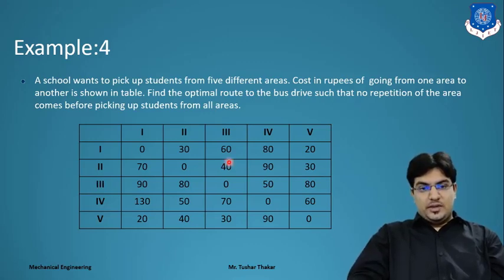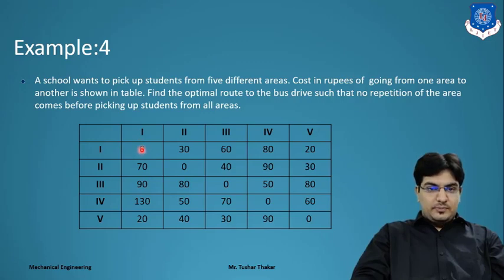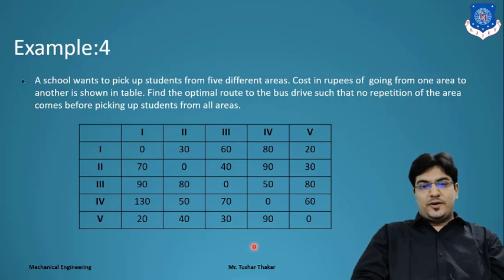We don't repeat our location. We start from point 1, so going from point 1 to 1 is not possible, so we have to put 0 there. Means we start from 1, so it's not possible to return at the same point. So we put 0 at 110, 220, 330, 440 and 550.